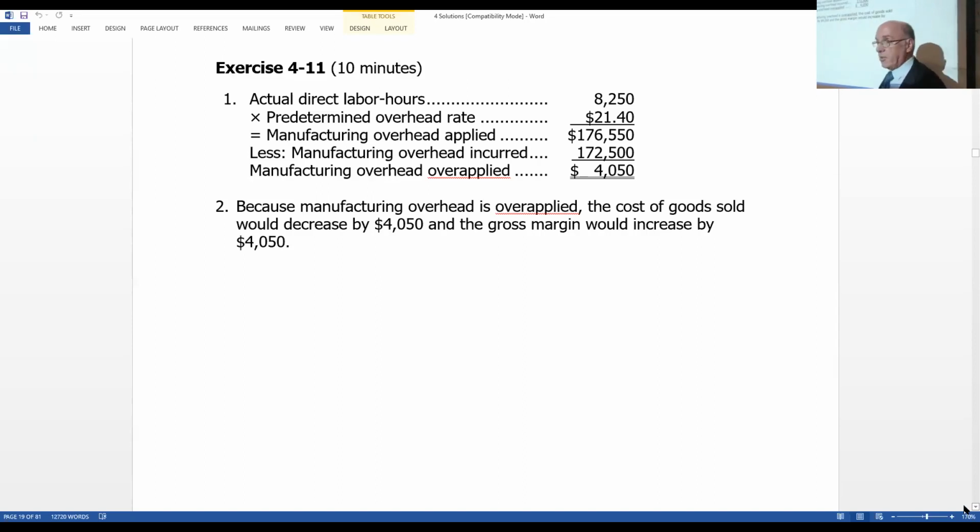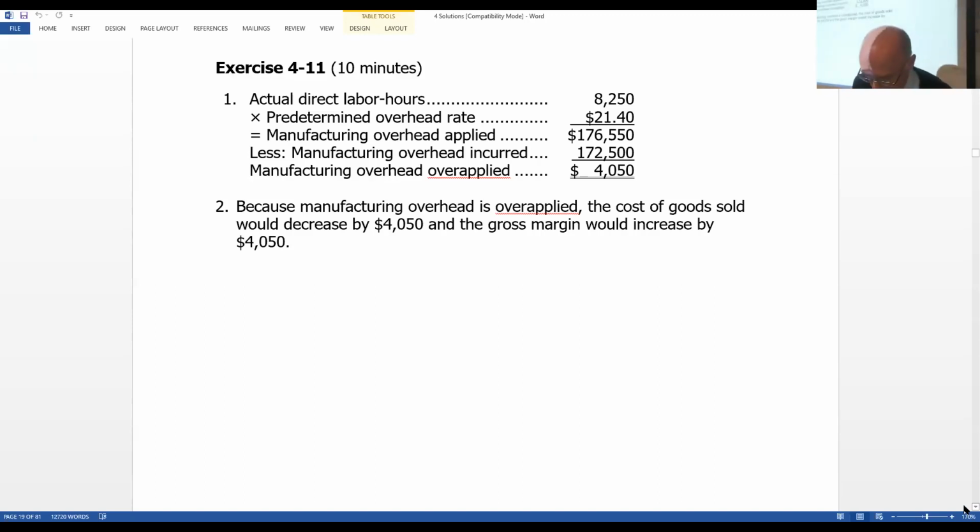Then we just have to ask ourselves: is that over-applied or under-applied? Well, it's over-applied in this case, because the applied amount, 176,550, is more than the actual. We could guess that it was going to be over-applied because they worked more hours, 8,250 instead of 8,000. It's just a question of how much.